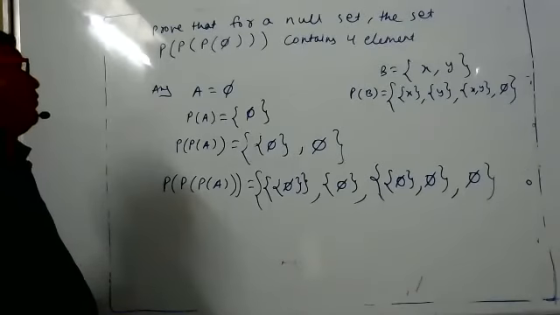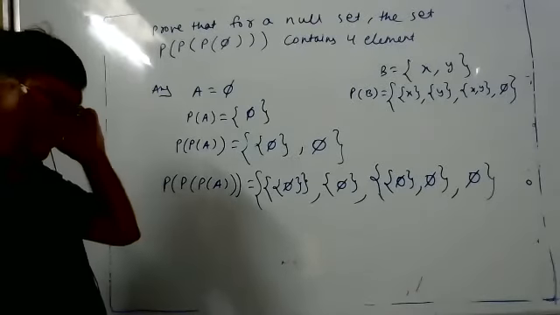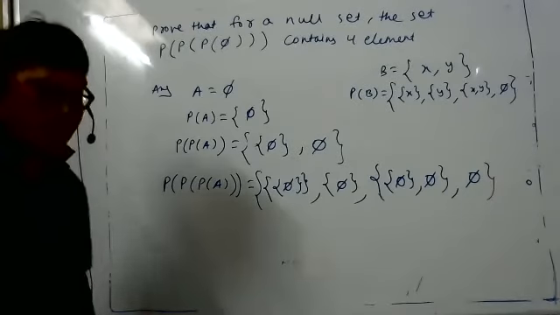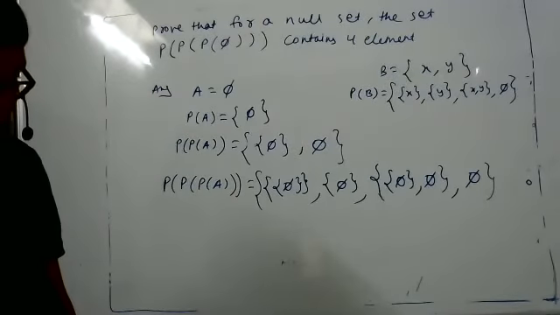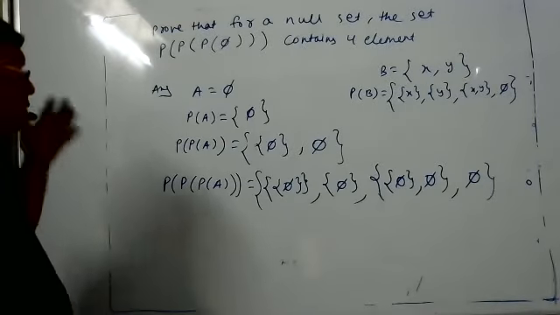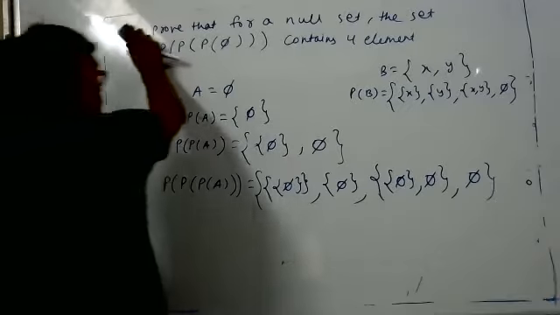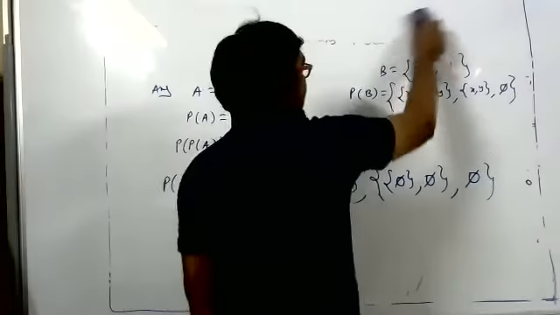Sir, I had a doubt in the miscellaneous exercise. Just one question I forgot to ask. So shall I ask? Ask. So the 11th question. Tell me, read it. Let A and B be sets.